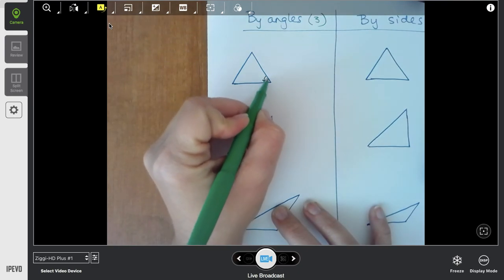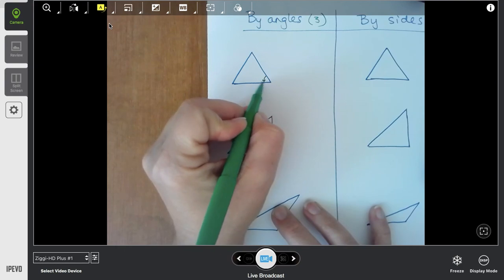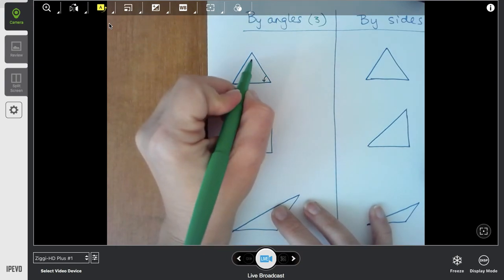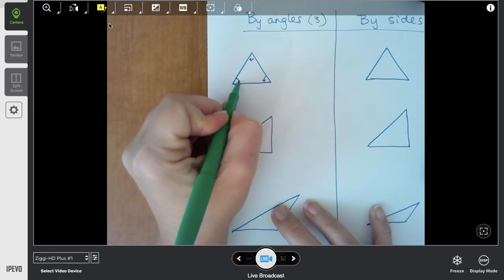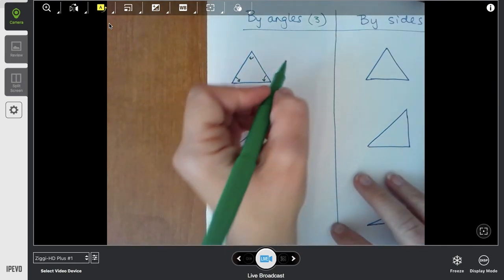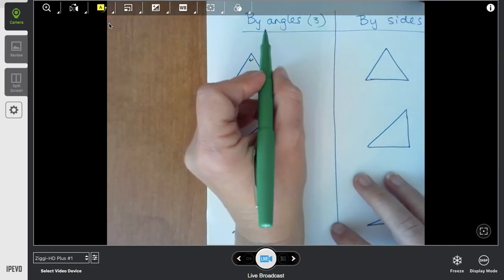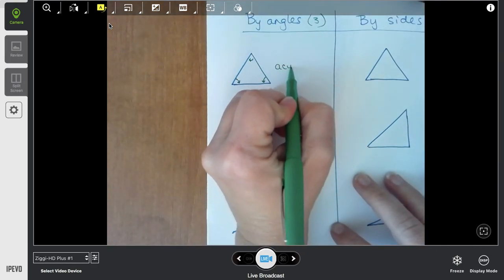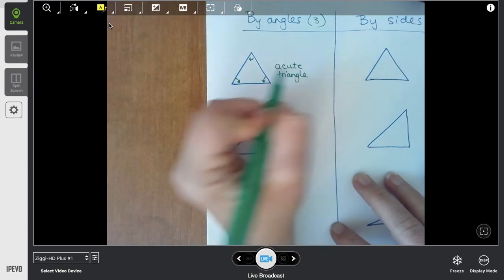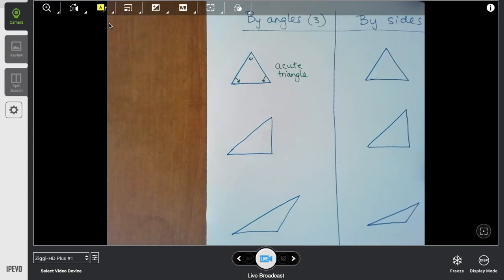That angle is an acute angle, like we talked about yesterday. It's not a right angle, a perfect corner. It's smaller than that, so it's acute. This is an acute angle, and this is an acute angle. All three of them are acute angles. So if I'm going to classify this by its angles, it's called an acute triangle because all three angles are acute.